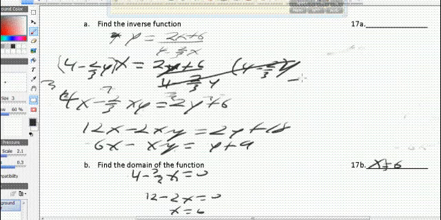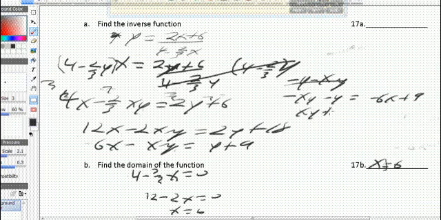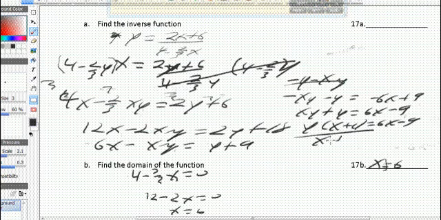So that gives me minus xy minus y equals minus 6x plus 9. Change everybody's sign: xy plus y equals 6x minus 9. Pull out a y. That gives me y times x plus 1 equals 6x minus 9, divided by x plus 1, divided by x plus 1.